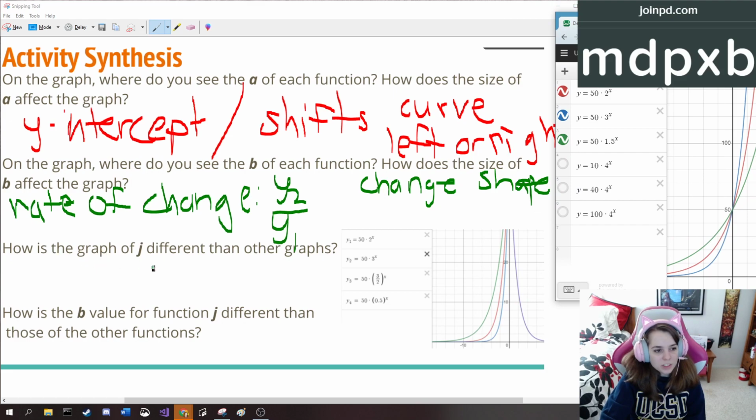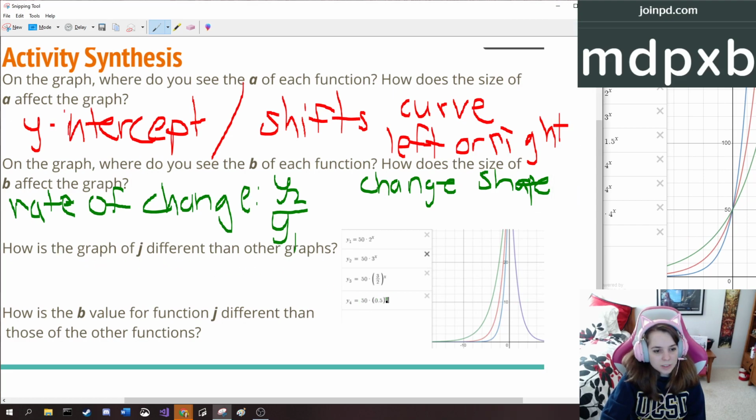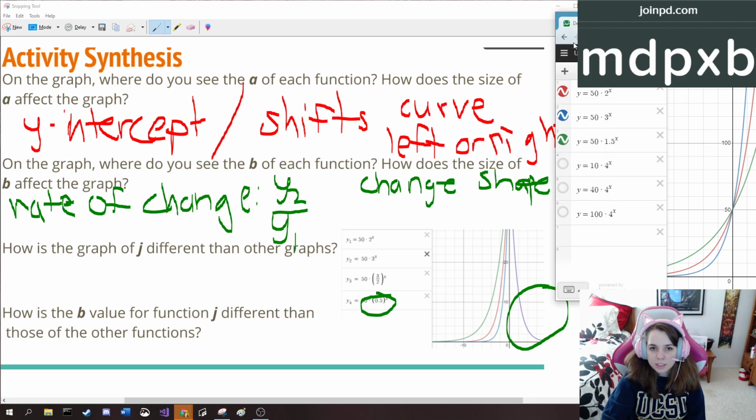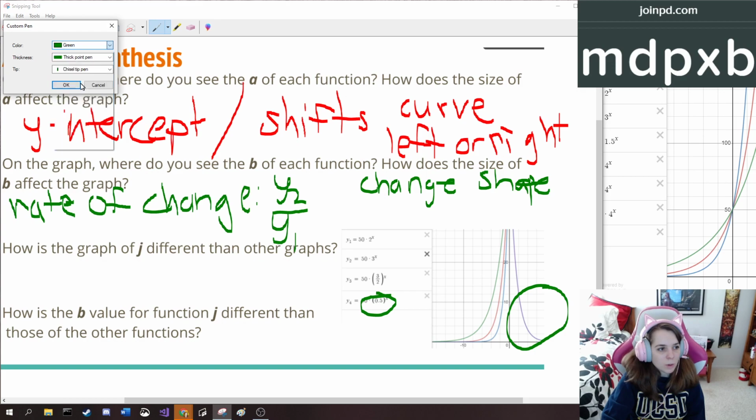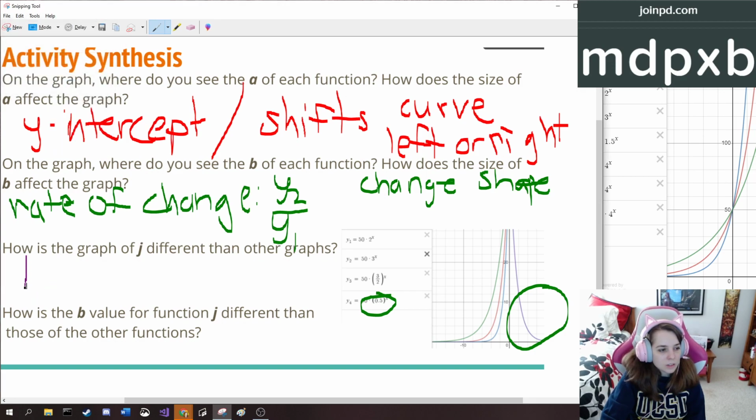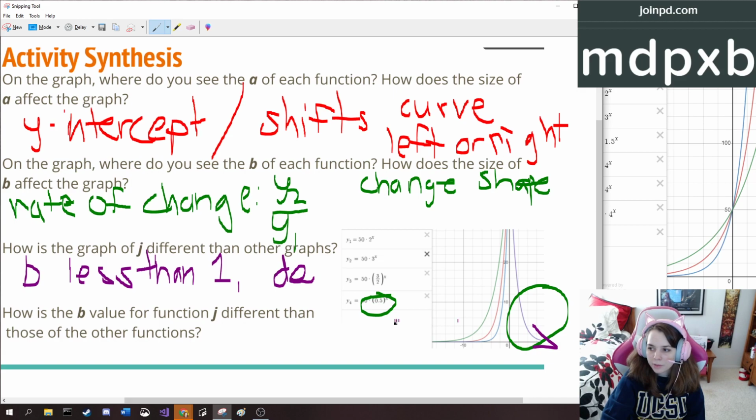How is J different than the other graphs? As you've stated before, J is different because it is the only one that has a value less than 1, so it is decreasing. So this has a b value that is less than 1, which makes this a decreasing curve. It's going to go in the other direction.